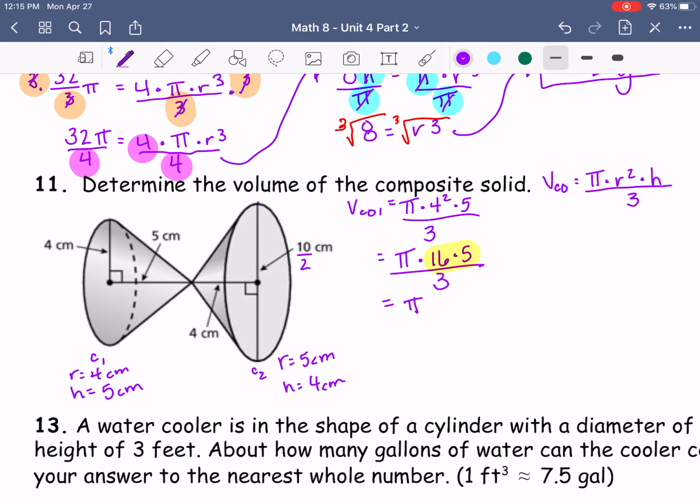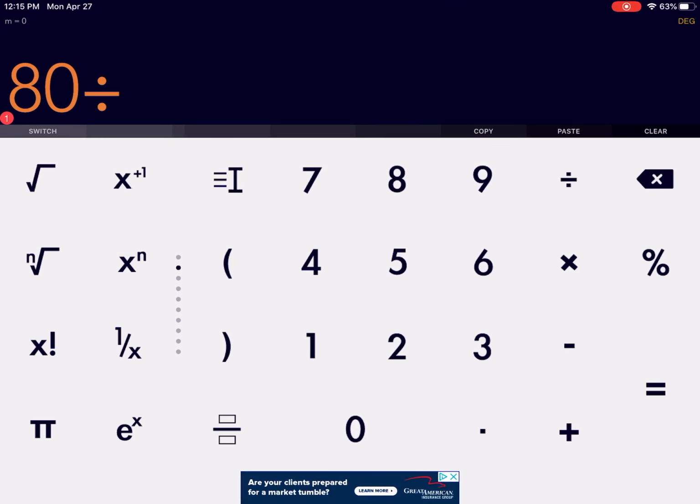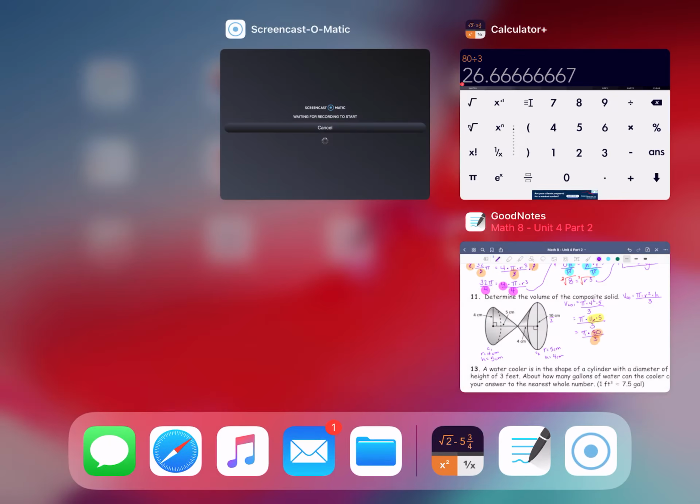So pi times 80 divided by 3. Now I'm going to do the 80 divided by 3. 80 divided by 3 is 26.6667. So I'm going to go ahead and round to the nearest tenth and call this 26.7.